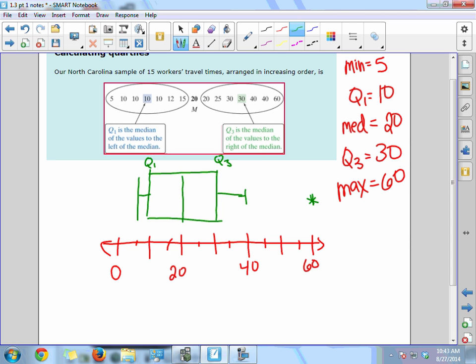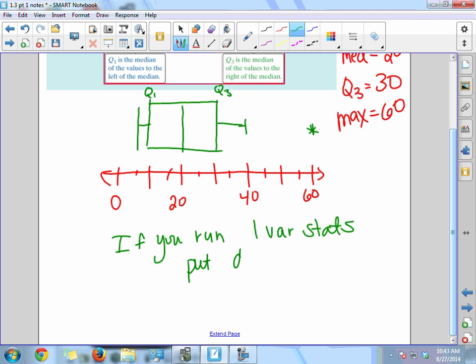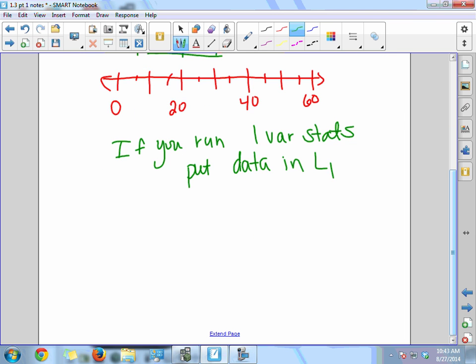So you guys, since you already know how to do this, I'll just give an explanation. I think this is the most you'd want to do with a calculator at this point, but if you run your 1-bar stats, and we did this last class, what you'd want to do is put your data in L1, and then you would go stat, calc, number 1, 1-bar stats.